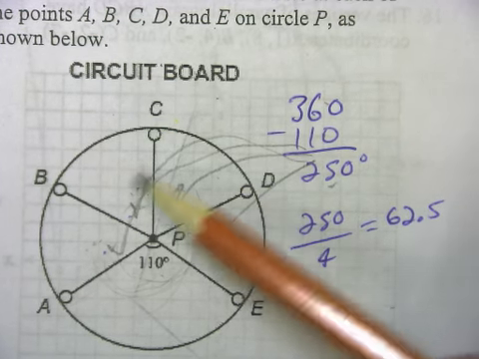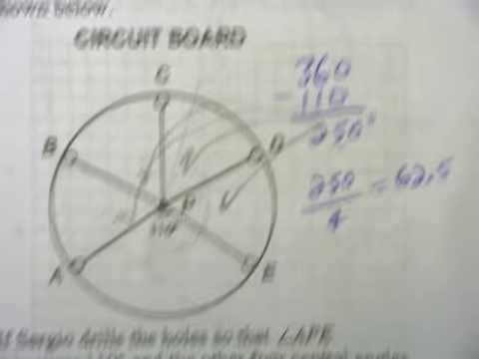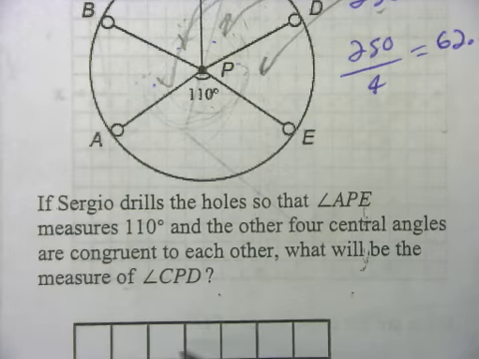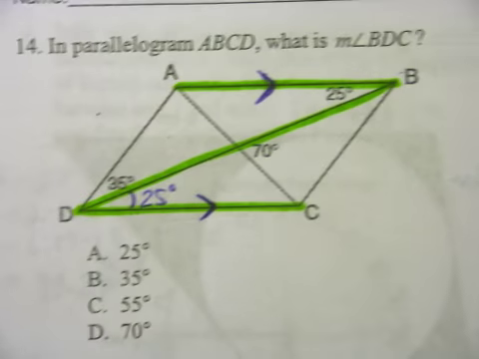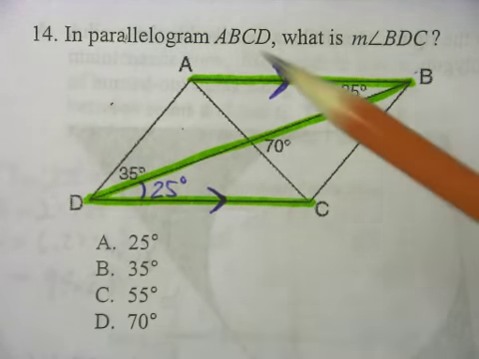So 250 divided by 4 gives me 62.5. So the measure of each of these angles is 62.5 degrees. And again, you'll notice that was not a multiple choice question either. Let's move on to question number 14.